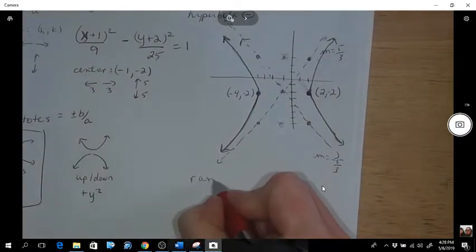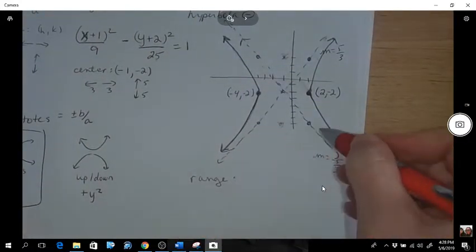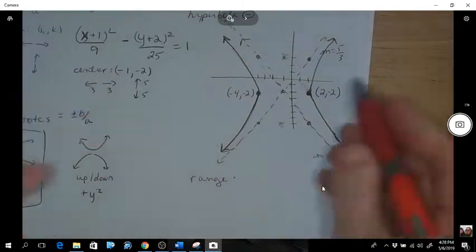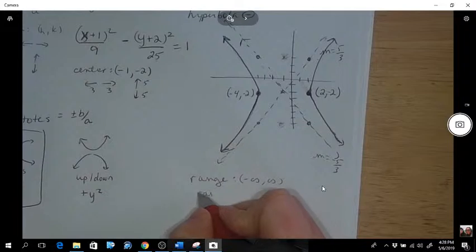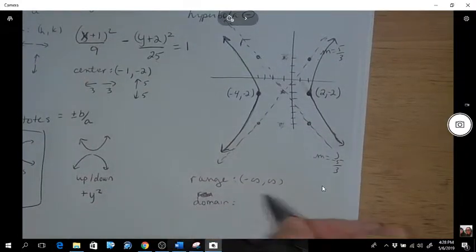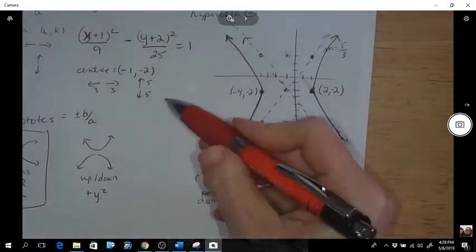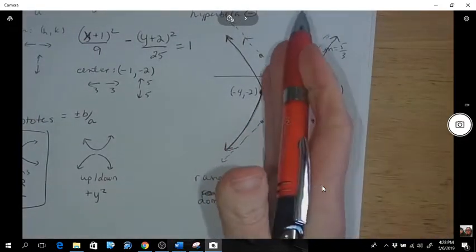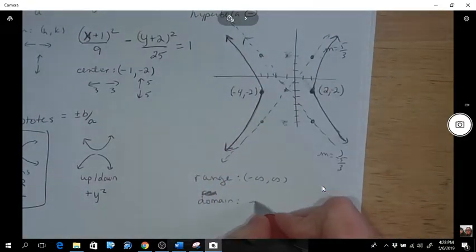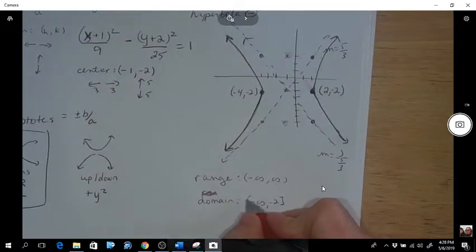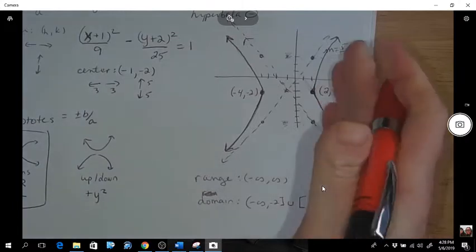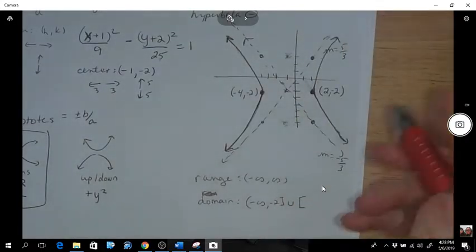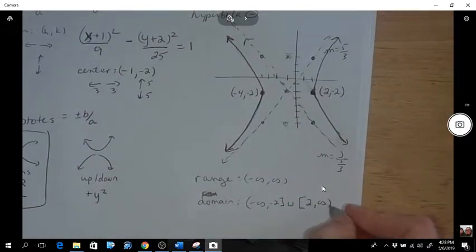So let's do range because it's easy. We'll go forever down and forever up. And domain. So this one looks different. For your domain, you're going to go forever left, up until -4. And then union, it's going to connect back up and go from 2 and on.